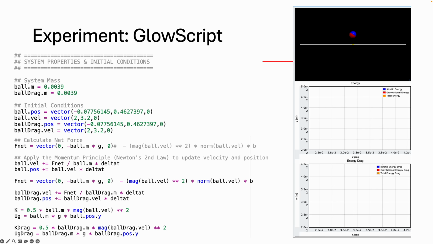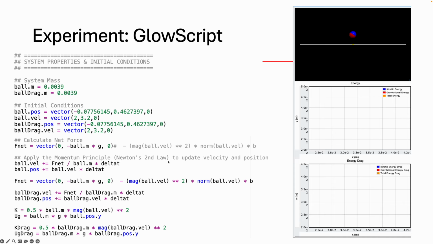Now, let's look at the GlowScript. The first part is just setting up the initial values of the ball's mass and velocity. So we have here the ball's mass, the positions, and the velocity. Then, in the bottom section, after calculate net force, is the part of the code within the iterative step. So first, we calculate the net force, which for the case without drag is just gravity.